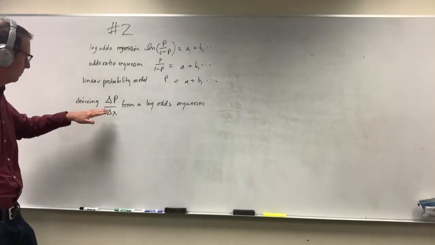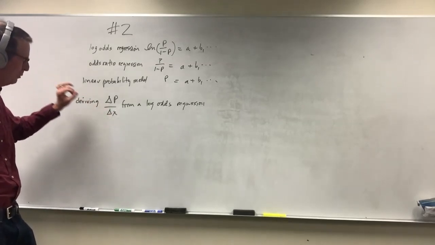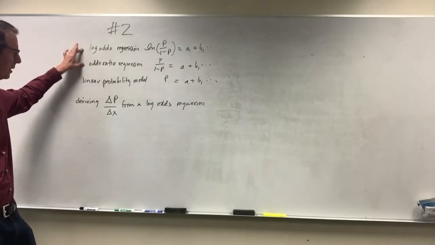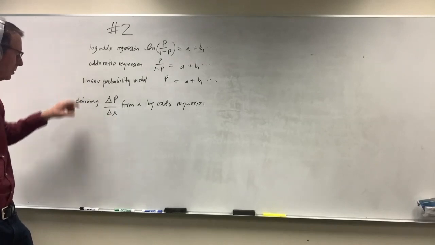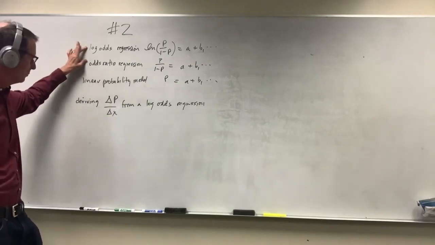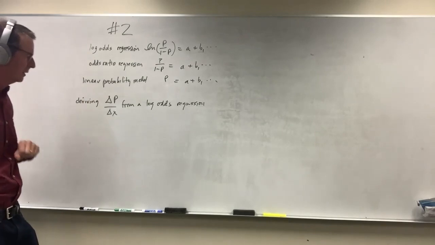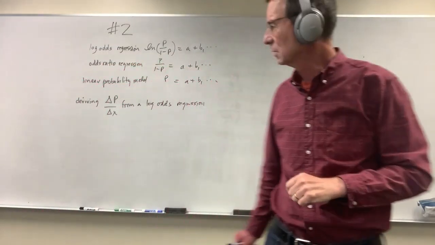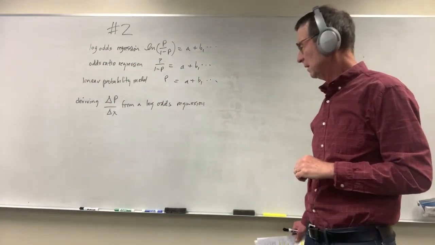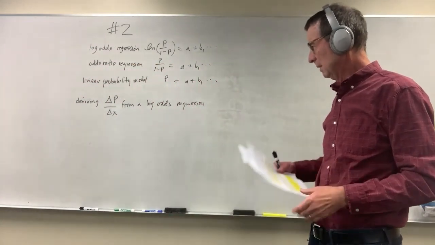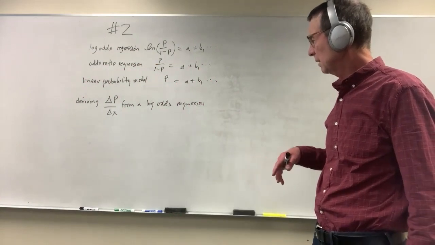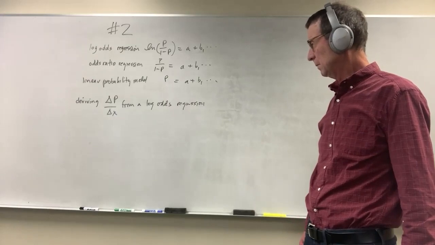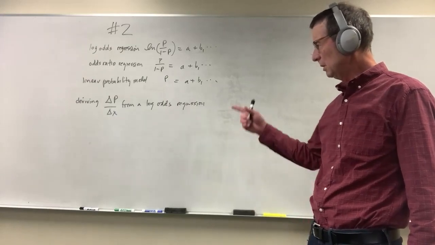So another useful step, if you do use a log odds logistic regression approach, is to take the results and then derive what the change of probability is at some point in the distribution of your independent variables. And what Stata will do for you is allow you to plug in whatever values for independent variables you want to evaluate this change at.